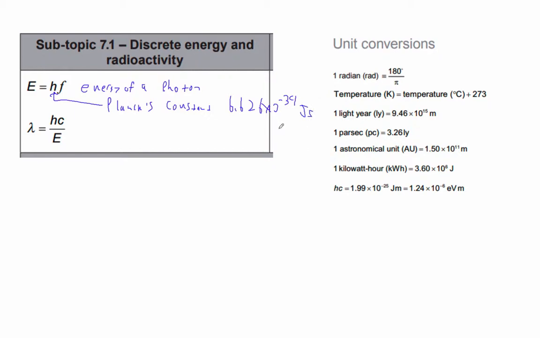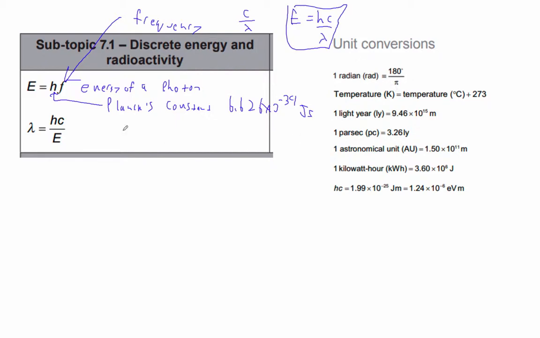And then this is the frequency. Remember that the frequency is just c over lambda, so you can also say that the energy is hc over lambda. That's kind of fun.